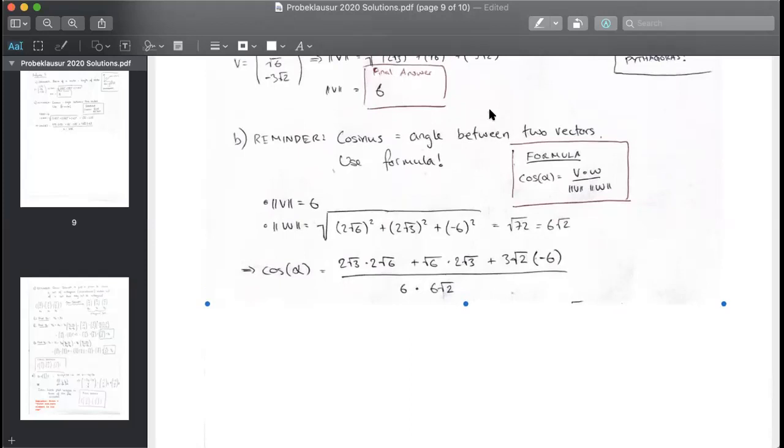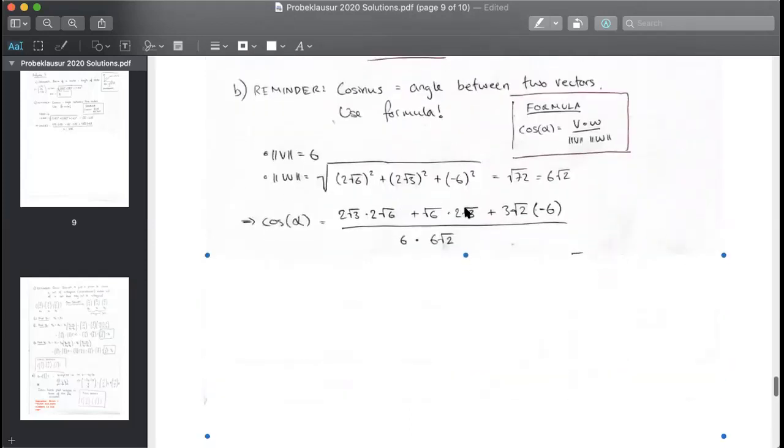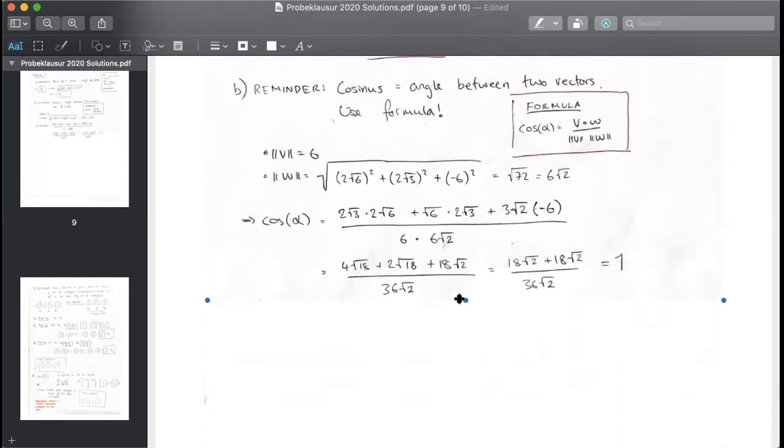So that's 6 times 6 root 2. Then simplify, simplify, simplify, and you get 1. So that's your cosine. That's your final answer.